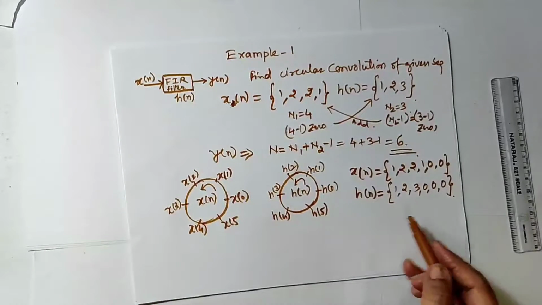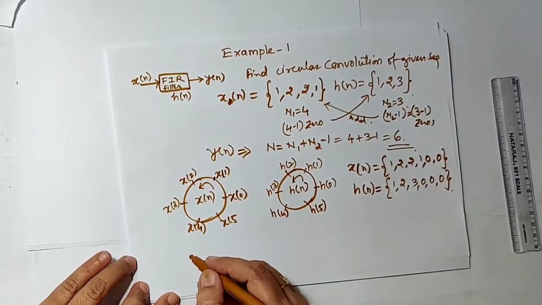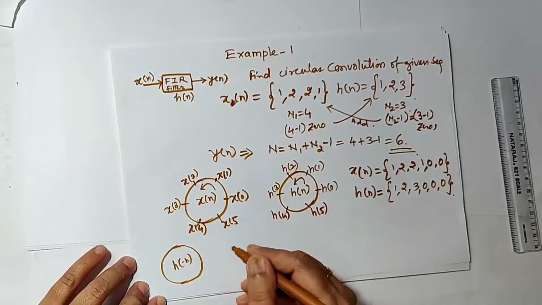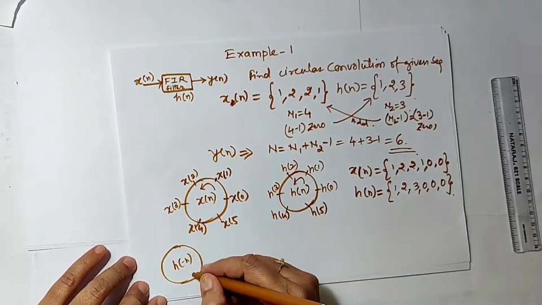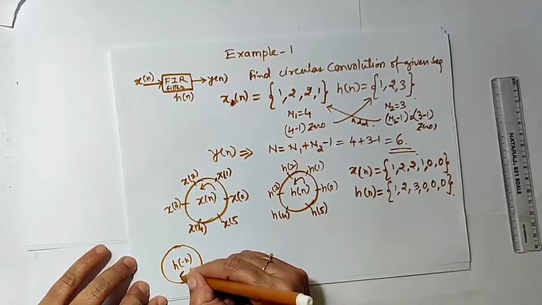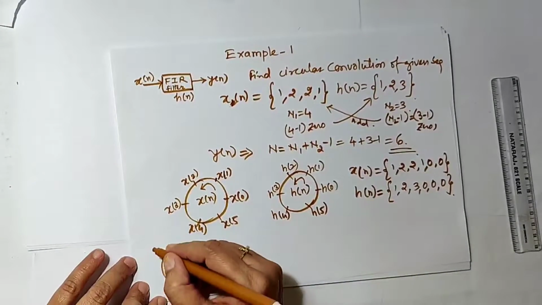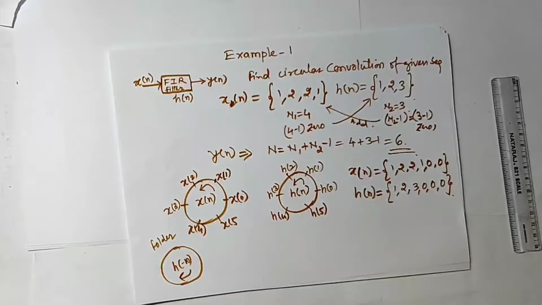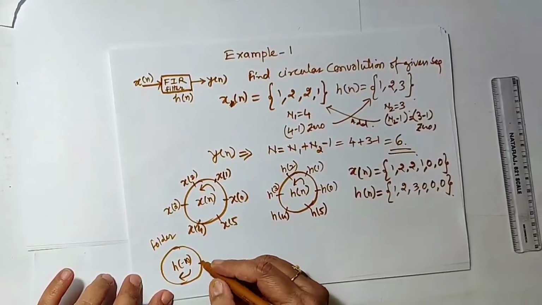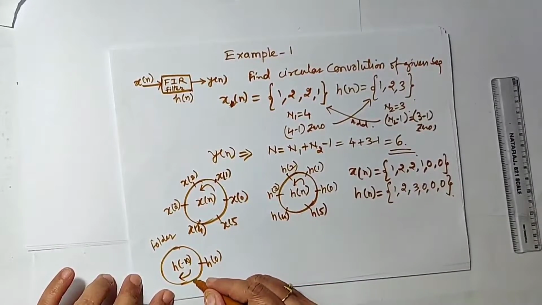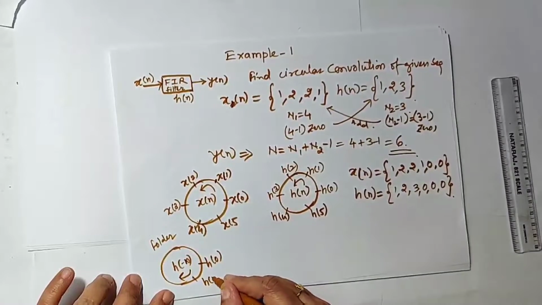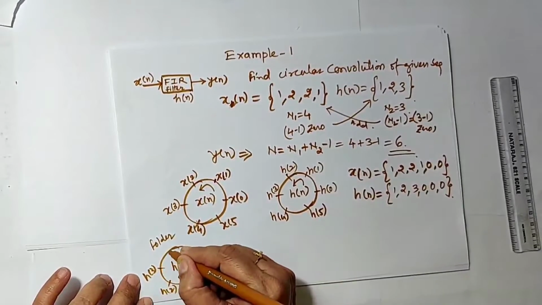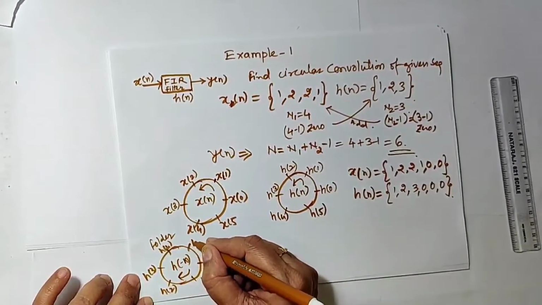Now again we'll take its folded sequence. So obviously, what we did earlier, h of minus n. It was anti-clockwise, then put these values clockwise to get the folded sequence. And proceed with the shifting, minus 1 unit shifting, second unit shifting, and then we'll take it. I just draw h0, then h1, h2, h3, h4 and h5.